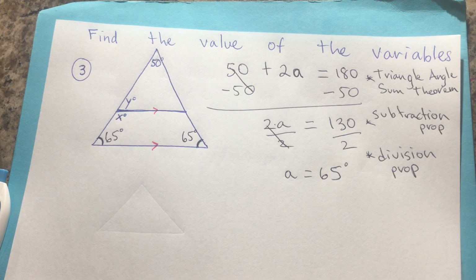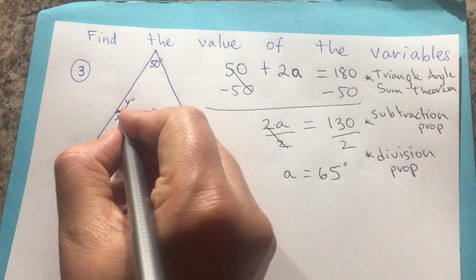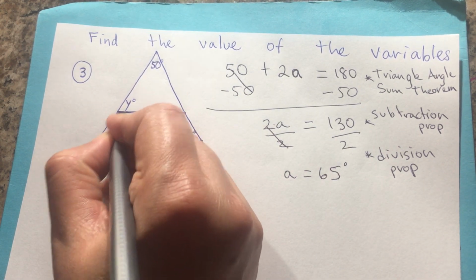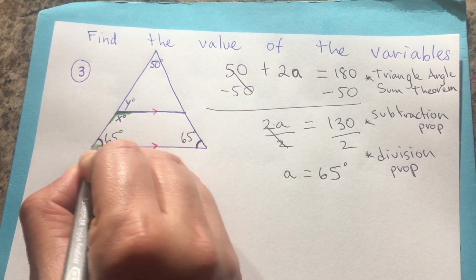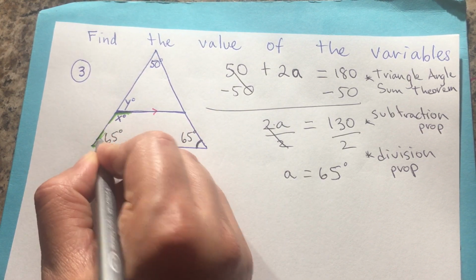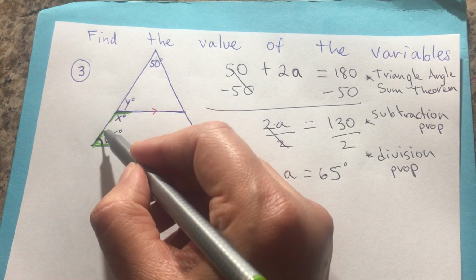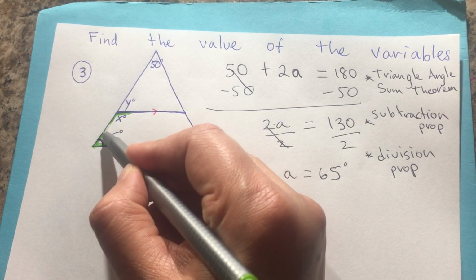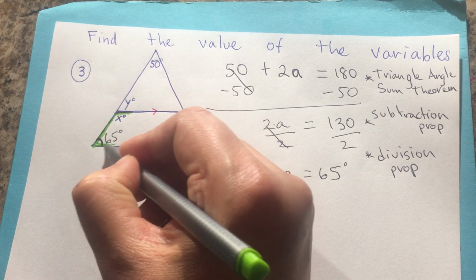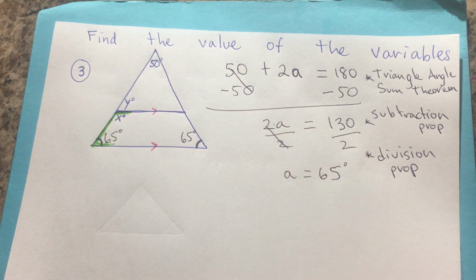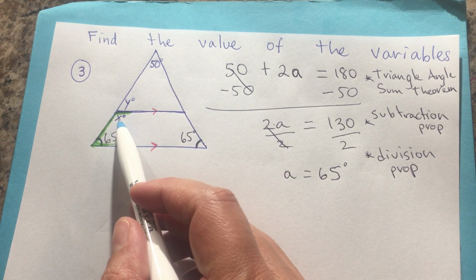Okay, the first one that I can find is x, and in here for x, this is the angle, right? And then I also have this measurement right here, and if you remember, if I connect this, this is letter C for same side interior angles. And same side interior angles are supplementary.